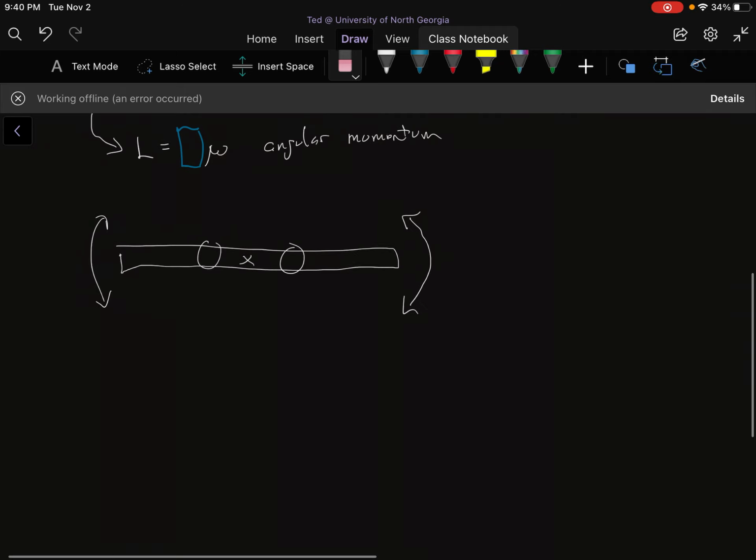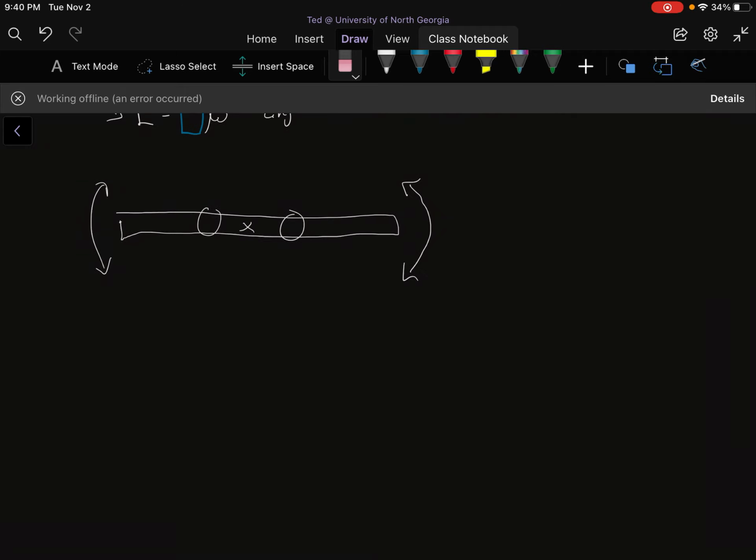Okay, so let's think about if I had, let's say, a meter stick and a couple of masses attached to my meter stick, and I grabbed it at the center where that X is, and I started twisting it back and forth, right? I'm twisting it clockwise and then stopping it, and then twisting it counterclockwise and then stopping it, and then clockwise, counterclockwise, clockwise, counterclockwise.